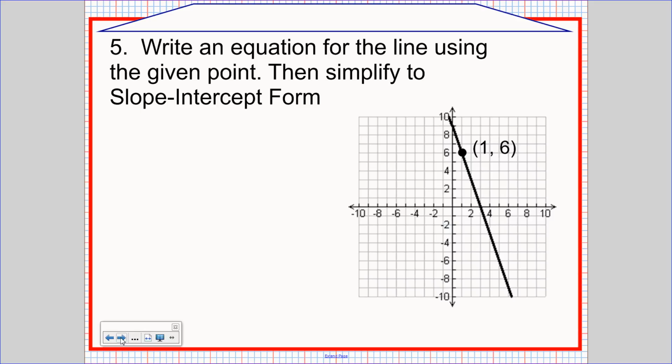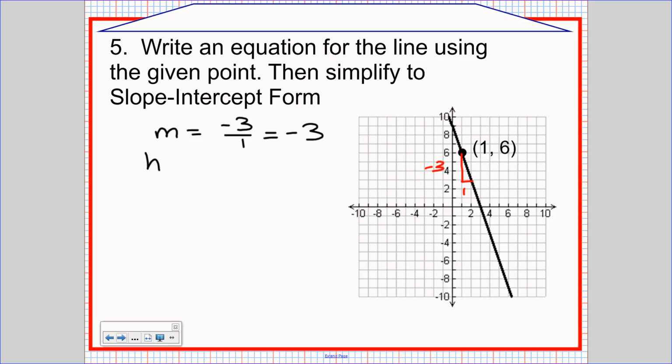All right, so let's try that with this line. It says write an equation for the line using the given point, then simplify to slope-intercept form. So I can see from my graph that I have a slope of down 3, right 1. Remember, we always want to go to the right. Or a slope of -3 over 1. I'm just going to write that as -3.